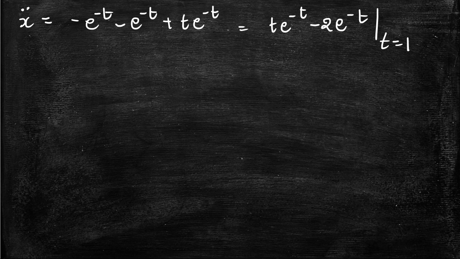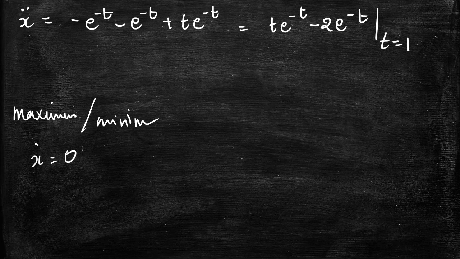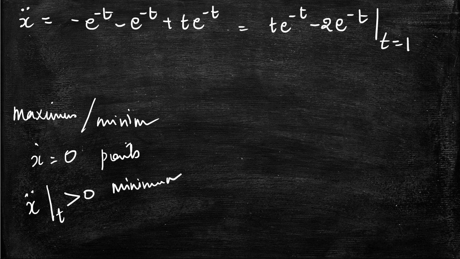But just remember that whenever you have to find maximum or minimum values, the first step is to find x dot and equate it to 0 and find the points, and then find x double dot and substitute at that particular point, and if it is greater than 0, then this is the minimum value, and if it is lesser than 0, then it is the maximum value.